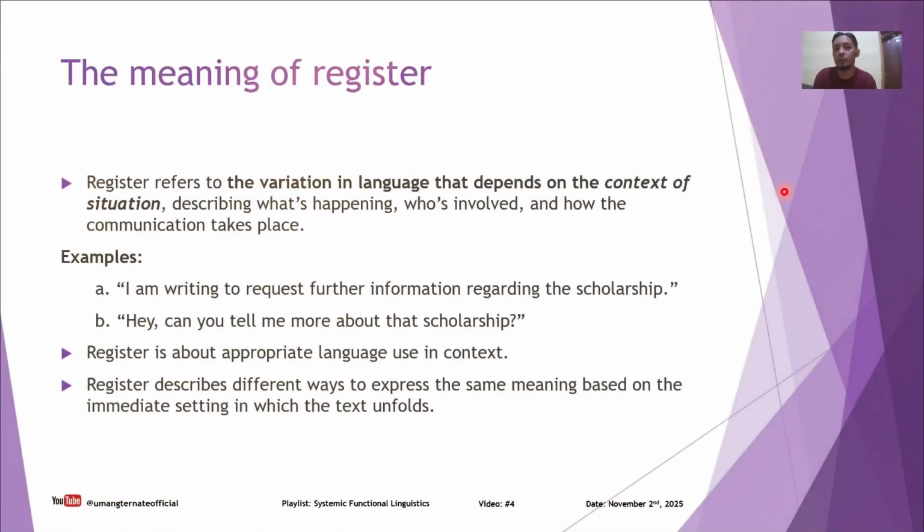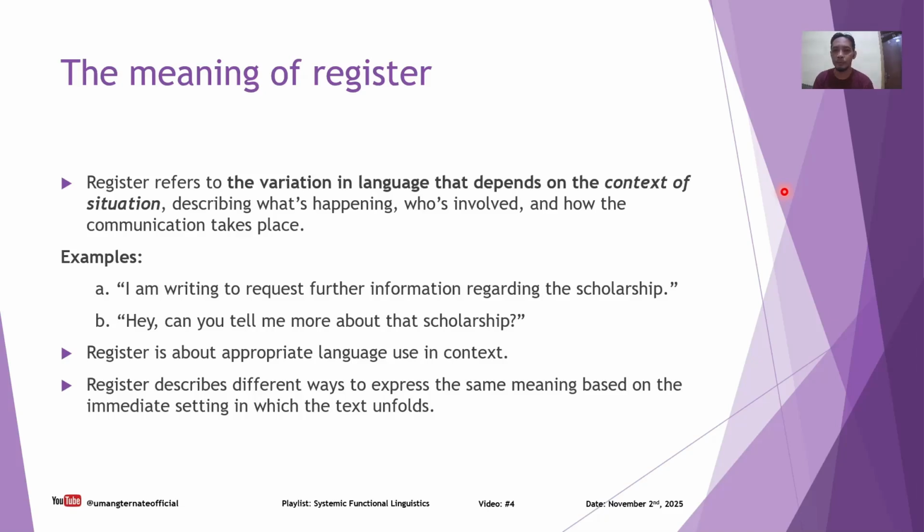I hope that you still remember the discussion we had in the second video about text and context. Because register is about the context of situation. Register refers to the variation in language that depends on the context or situation. So, what we are going to discuss in this video is the variation in language, which is influenced by the context of situation.